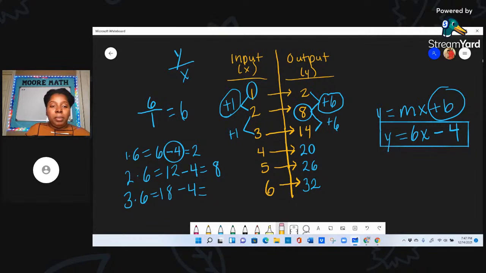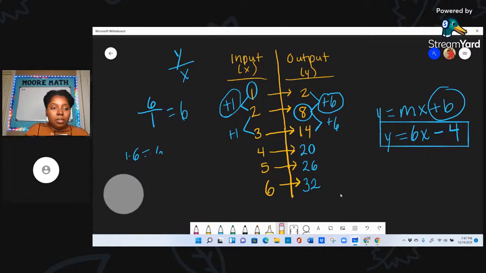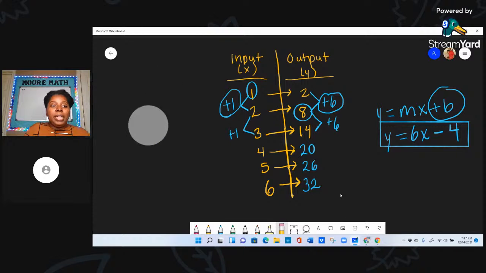All right, so let me back up. We said 6, right? We're multiplying x by 6. You understand how we did the slope? We found 6 and we found 1, right? Yeah. Okay, so that's how we got 6.